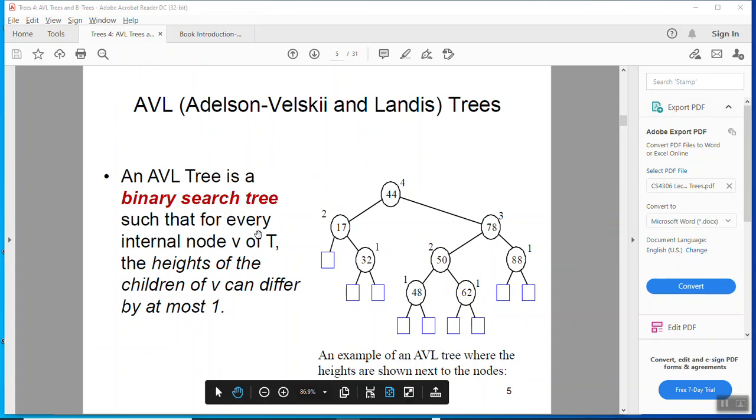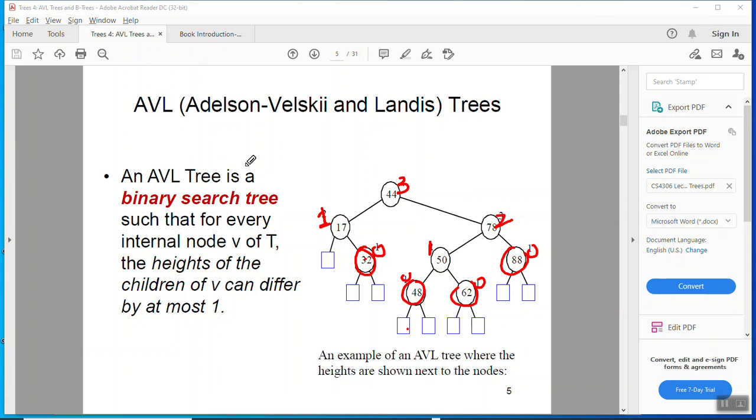The concept of an AVL tree is that for every internal node, the heights of the children of v differ by at most 1. So what does this mean? Let me explain.